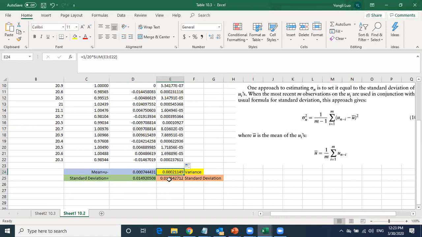That's your standard deviation. We use this function to get the estimated volatility.